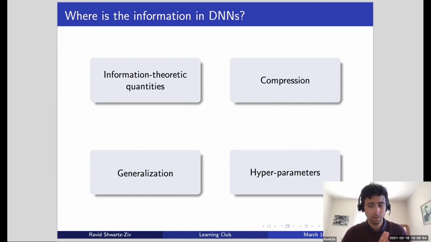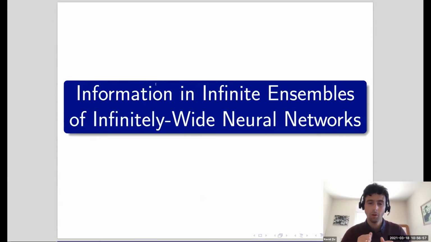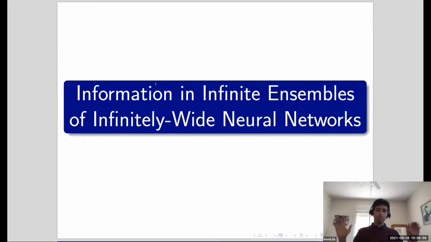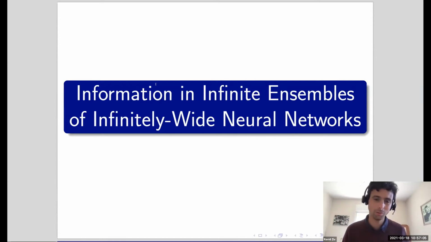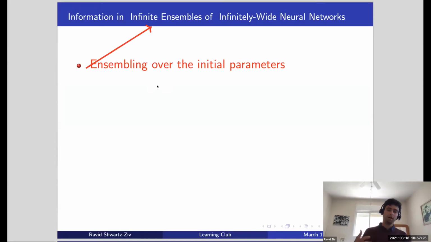So we used information in infinite ensembles of infinitely wide neural networks. Now I will try to decompose this title and explain exactly what assumptions we need to make in order to measure and explore these quantities. Okay? So let's start with infinite ensemble.